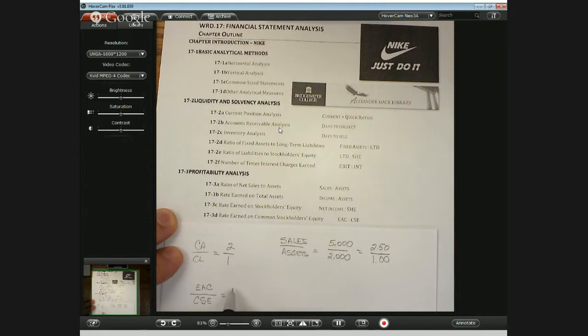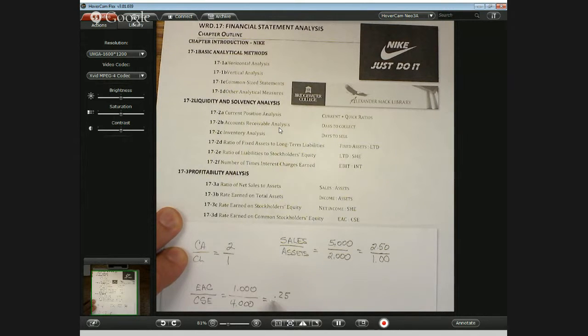So if the earnings available for common were $1 million and the common shareholders' equity would be $4 million, you would have a rate earned on common shareholders' equity of 0.25.